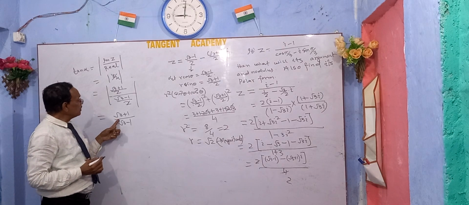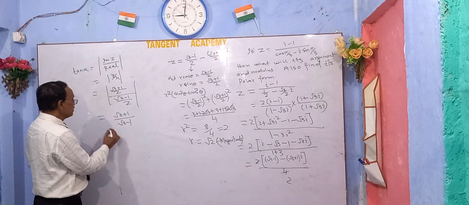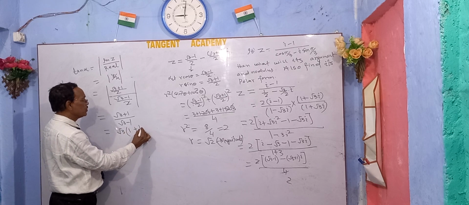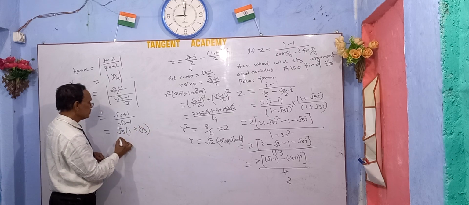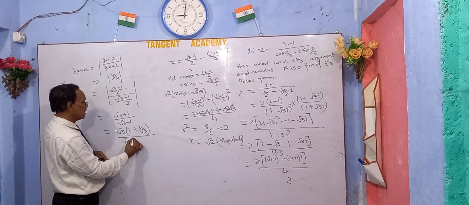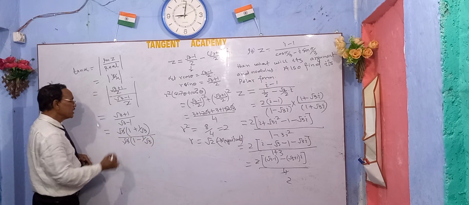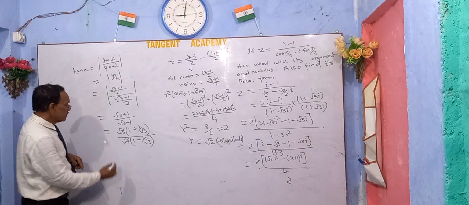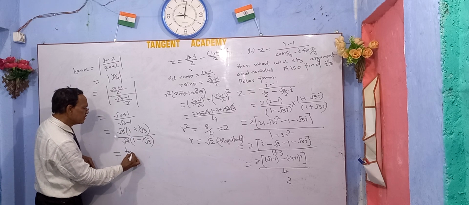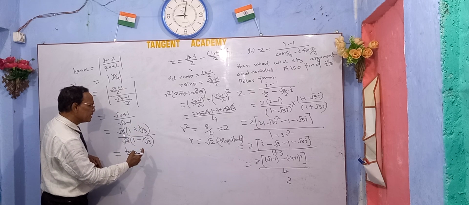Now we will convert it so that it can take a formula of tangent. How is it possible? Let us see. Root 3 is taken as common in the numerator: 1 plus 1 by root 3. Again, in the denominator also take common root 3: 1 minus 1 by root 3. Root 3 and root 3 cancelled out. Clearly we can write that tan pi by 4 is equal to 1. And 1 by root 3, what is the value of tangent?